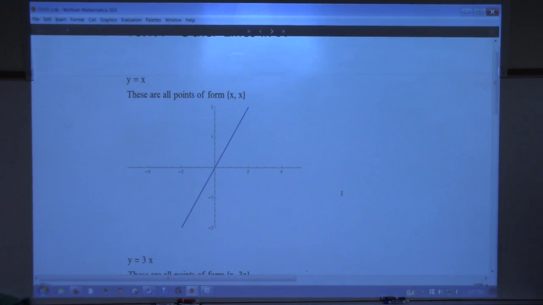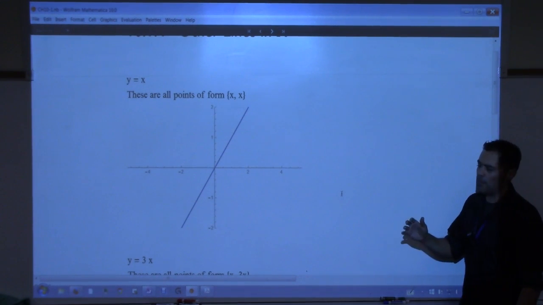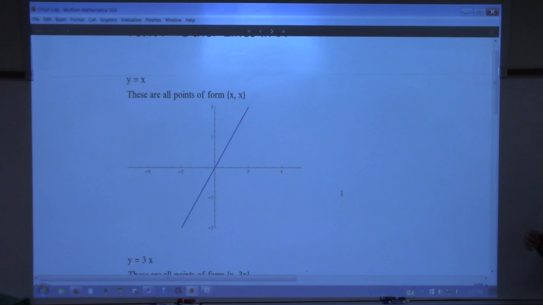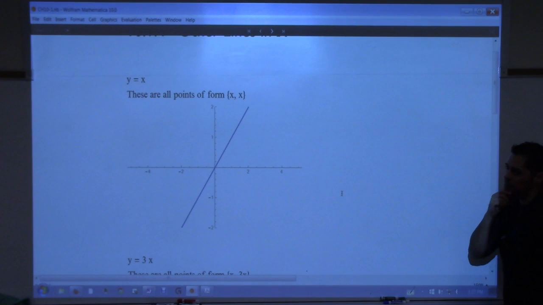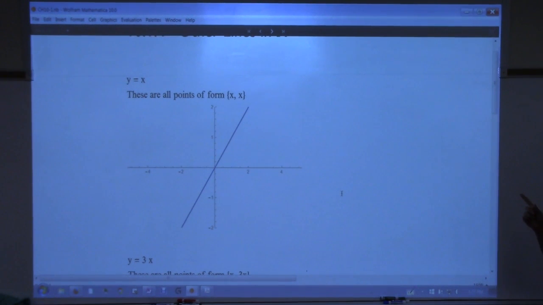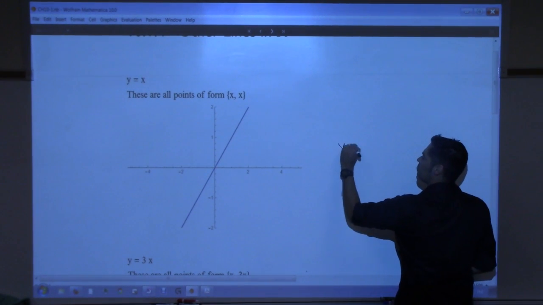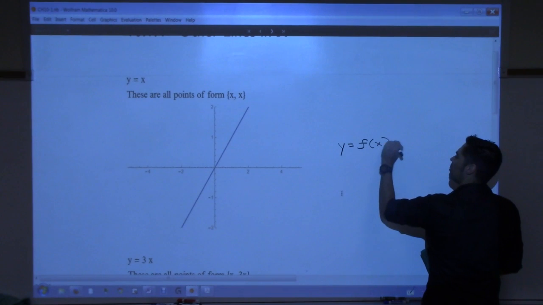It is a parent function, but it has a special name. Like slope? It has a slope of 1, right? No? The identity. This is the identity function. This is the function y equals f of x equals x.